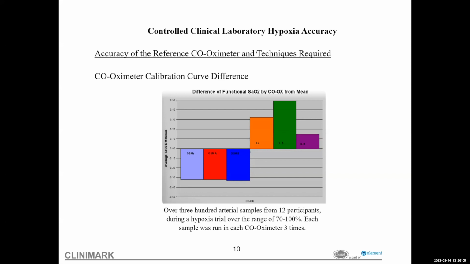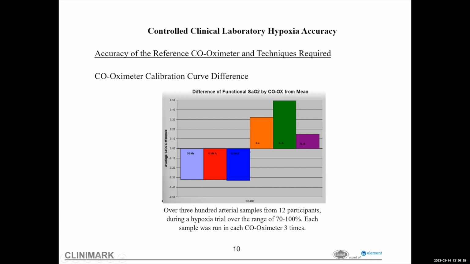So this is an example of a study that we conducted, and this was actually published in 2007. It came from the IMPOV conference at Duke. We have 3 Instrumentation Laboratory co-oximeters and 3 OSM Radiometer co-oximeters.